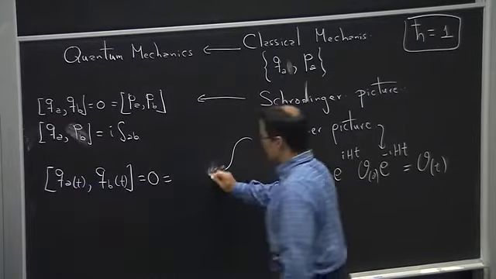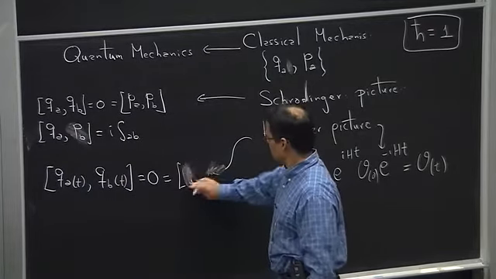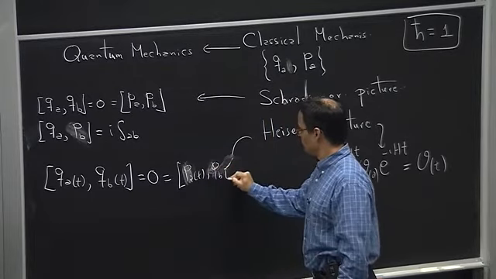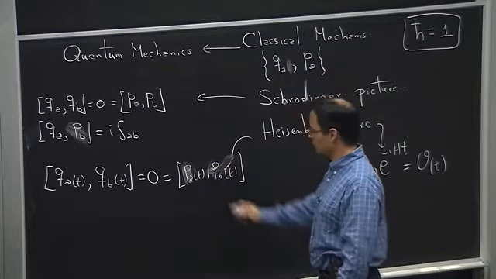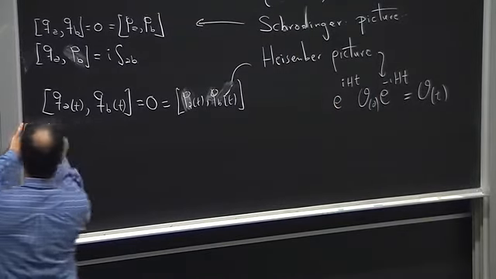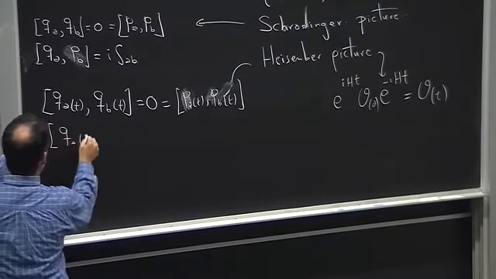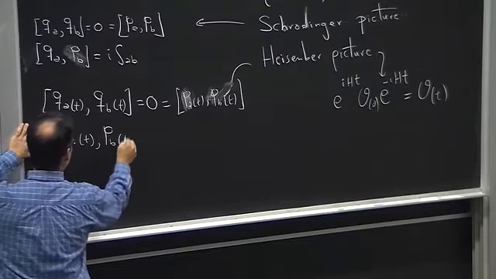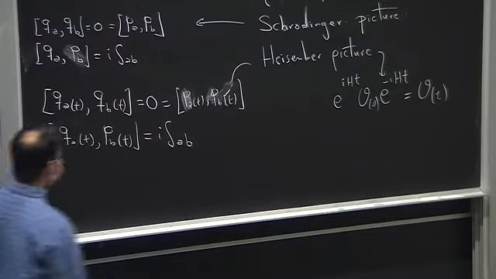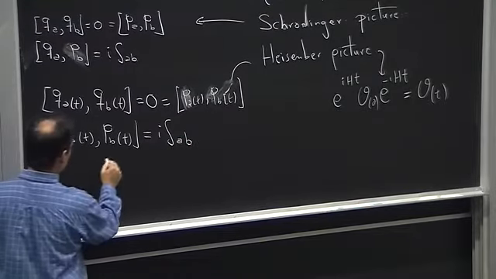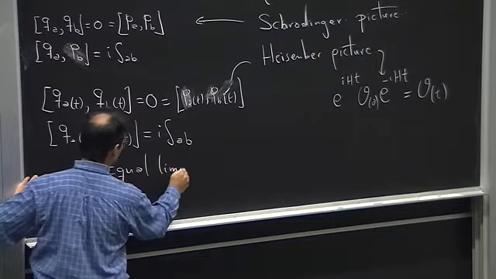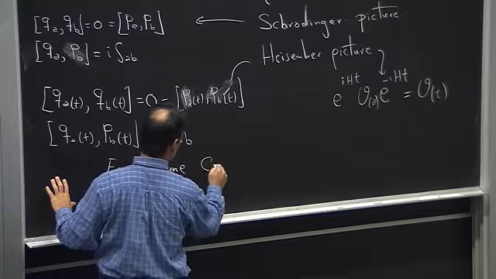Okay? So I can promote this into commutators which are called, for obvious reasons, equal time commutation relations.